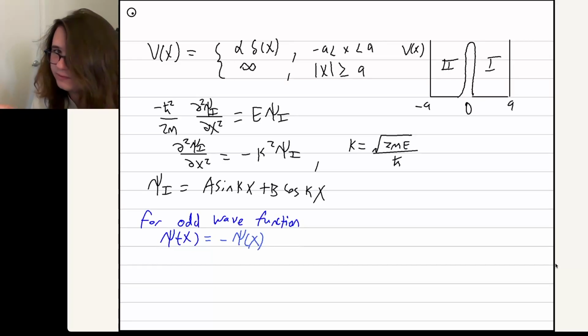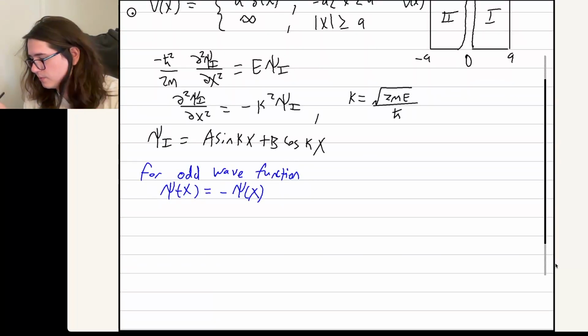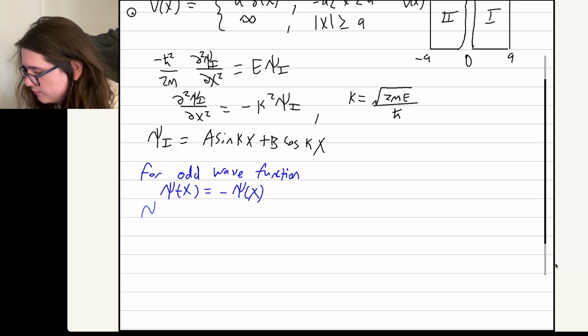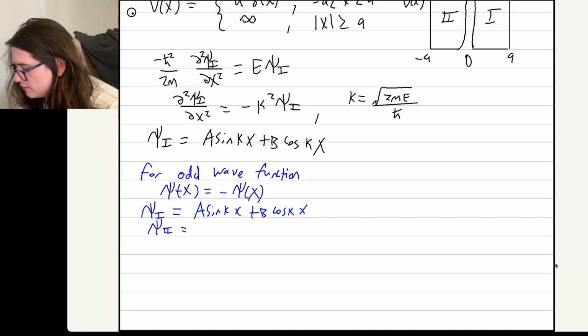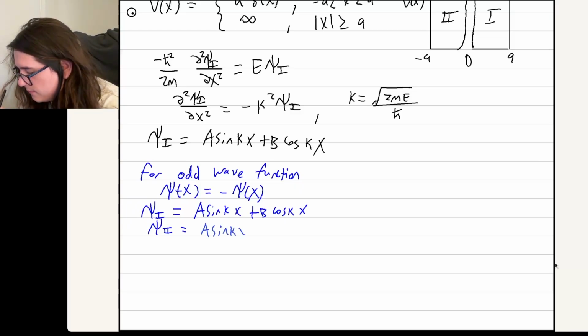That's what odd functions are. So psi 1 is the same as it was before, and to have the parity, cosine is an even function and sine is already odd, so we just have to change the sign of the cosine function, and you get something like that.